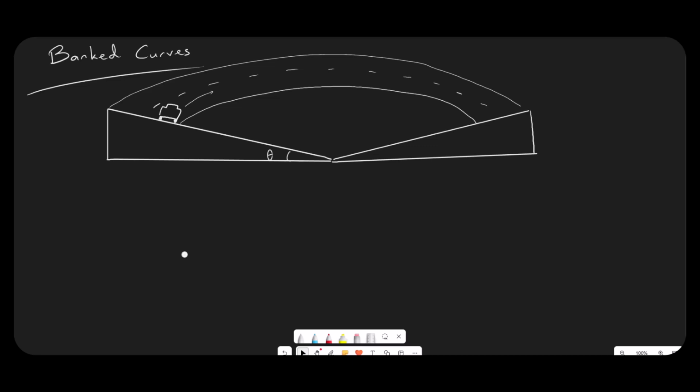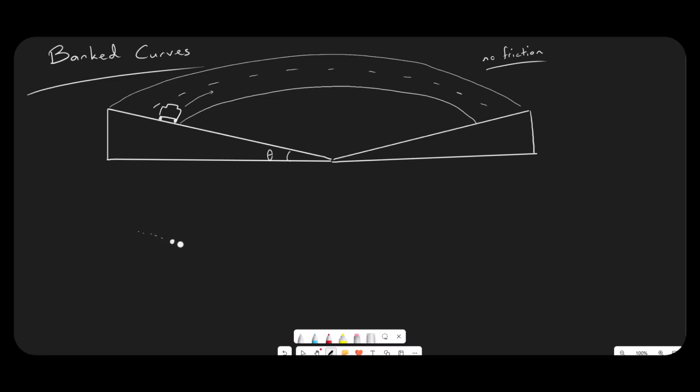So maybe this is an icy day or a rainy day, or maybe you are designing this road and you would like this to be safe even under the worst of conditions. We're going to look first with no friction, but then I'll bring in a separate video that looks at including friction.